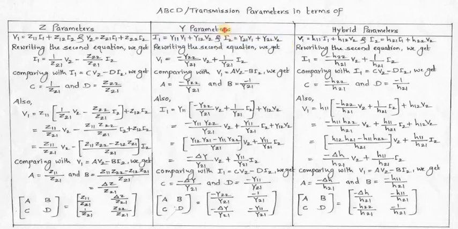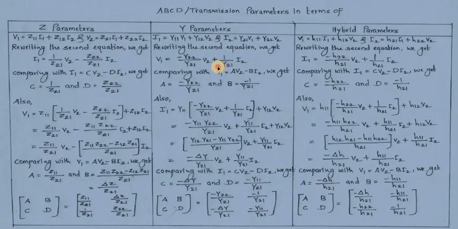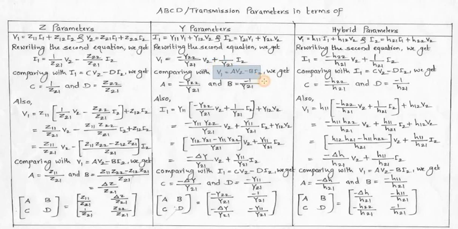Then you can rewrite the second equation to get V1 in terms of V2 and I2, which can be compared with the standard expression of ABCD parameters, wherein you get to know A is minus Y22 by Y21 and B is 1 upon Y21, or sorry, B is minus 1 upon Y21. Look at this minus and look at this plus. So ultimately B is comparable with minus 1 upon Y21.